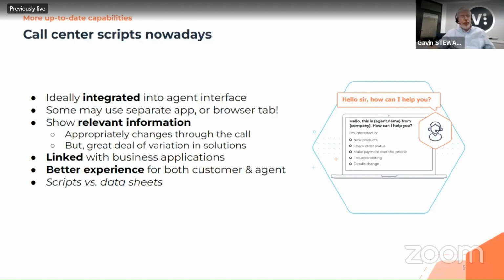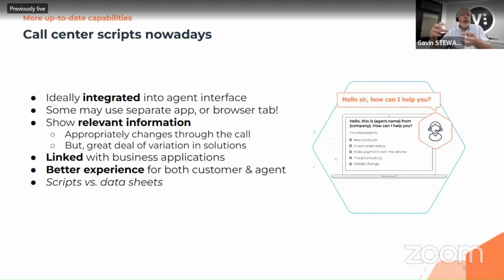Now, the last point here is something kind of separate, but I want to just call it out. We're talking about scripts, so that kind of the wording that the agent is going to use and that guides them through that call flow. But there are other resources that the agent uses on that call flow. There may be static pages, and we could think of these as data sheets.